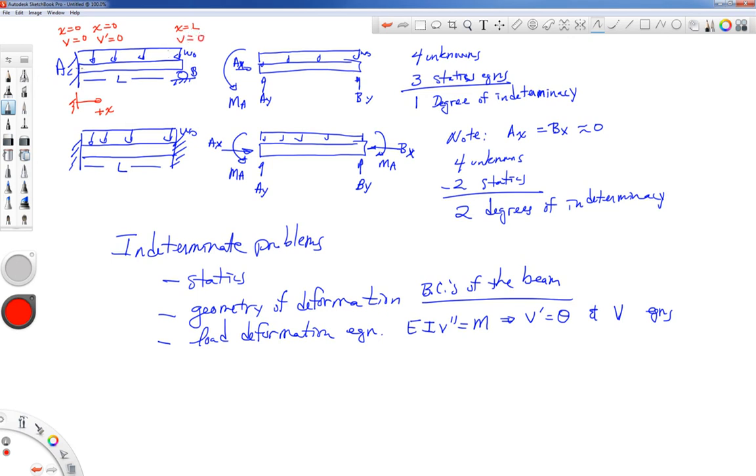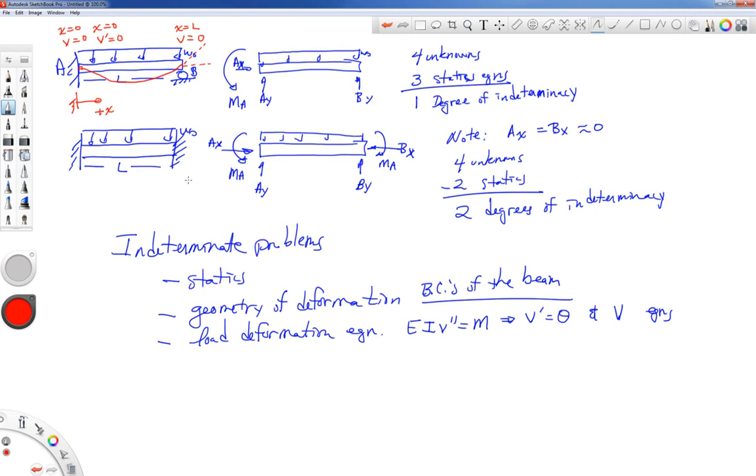If I were to sketch the deformation equation, what I think it would look like would be something like this. Notice how it goes into the wall with 0 slope, 90-degree angle, and notice that there is a slope. If we were to extend this line at the end, there is a slope at that point.